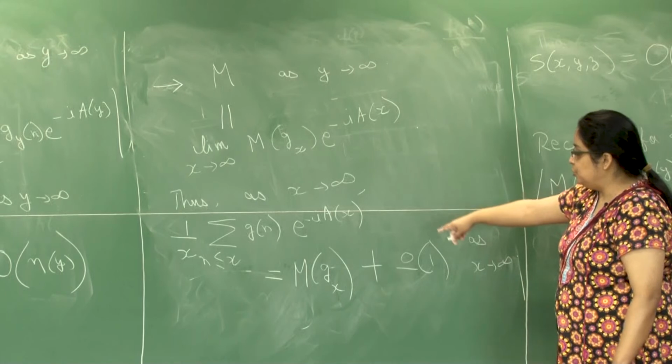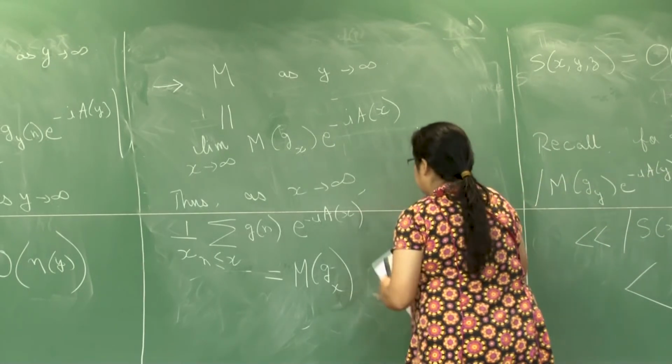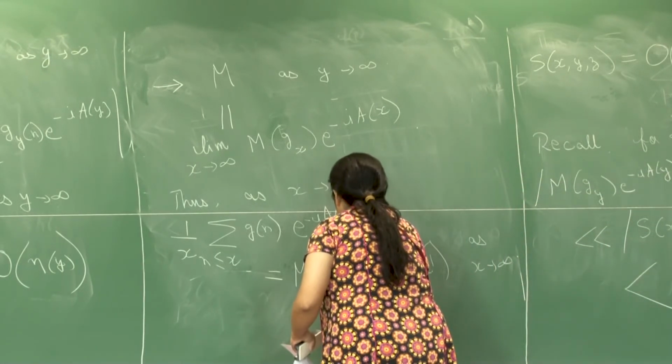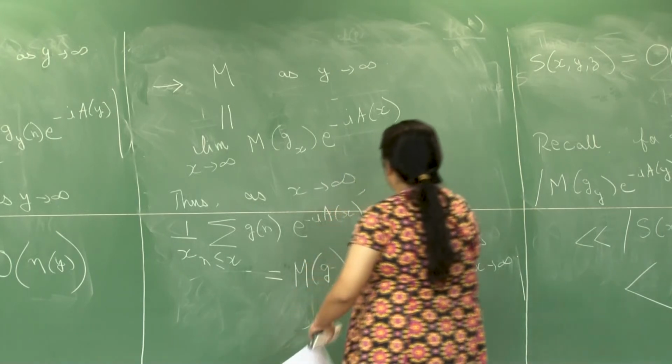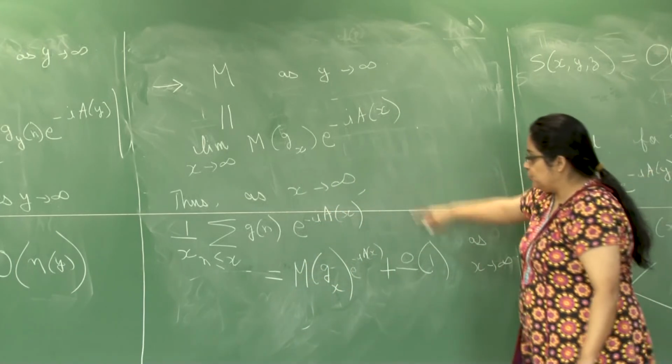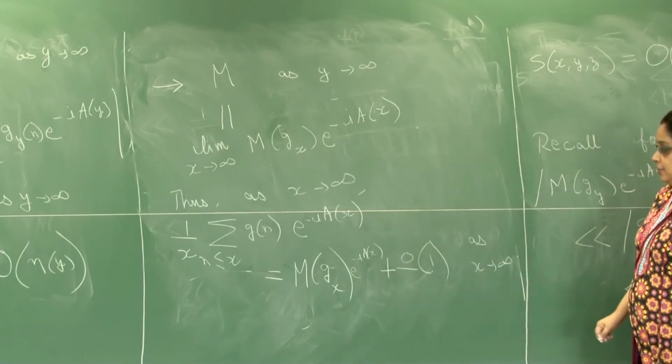So, we can multiply both sides by e raised to the i times a of x, right.